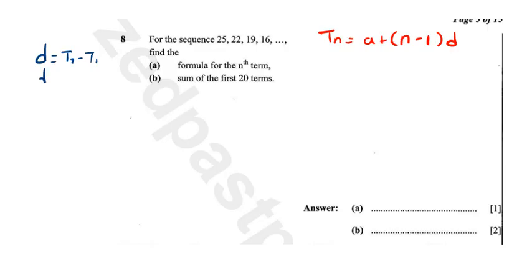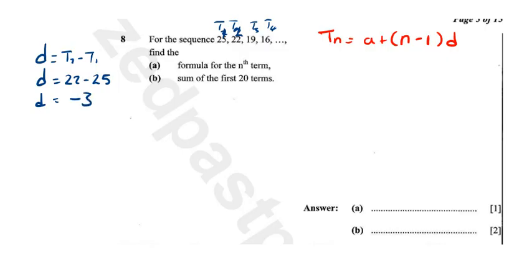So our common difference will be T2, which is 22, minus T1, which is 25. So this is our T1, T2, T3 and T4, like that. So you say 22 minus 25 will be negative 3, like that.